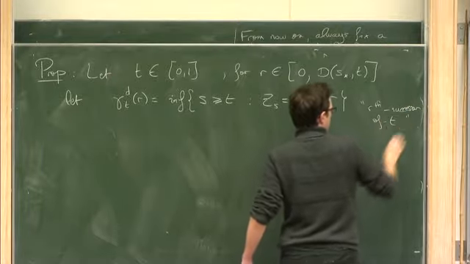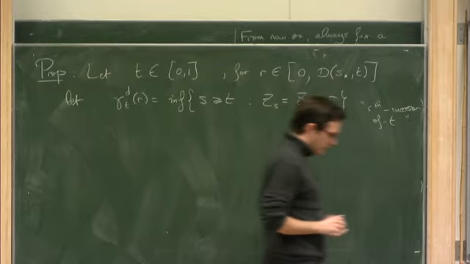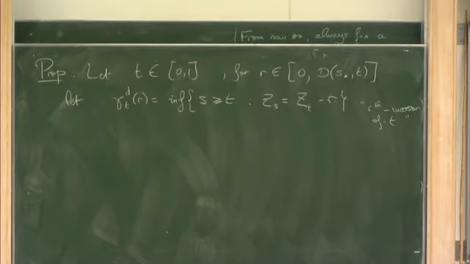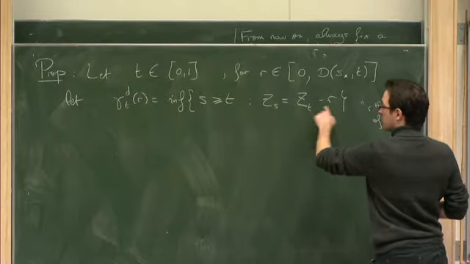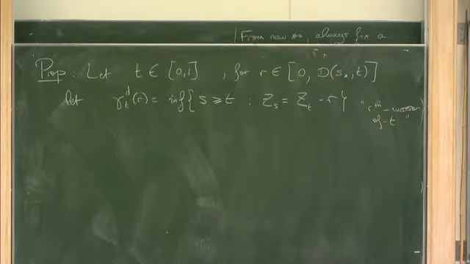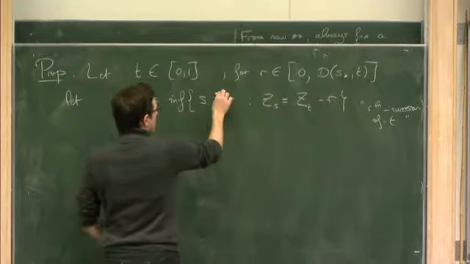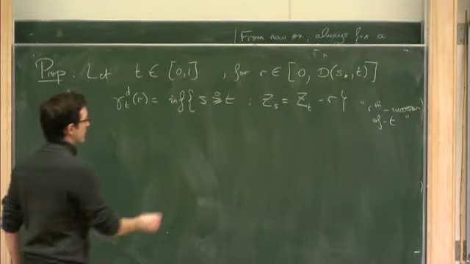In the Cori-Vauquelin-Schaeffer bijection, you had to look for the first available vertex with label less than the one you started from. And here I do exactly the same. I want to find the first available point bigger than T at which the label achieves this value. And of course, I should do that not only on the interval 0, 1, but really on the cyclic interval associated with the interval 0, 1.